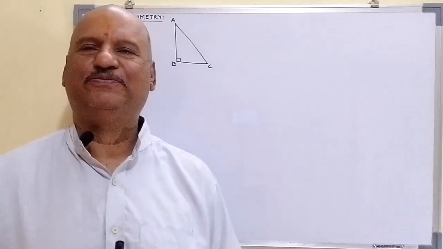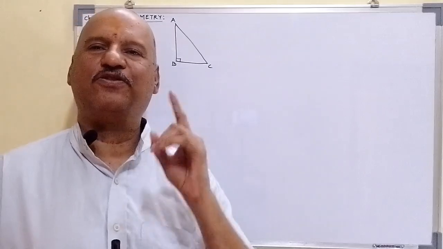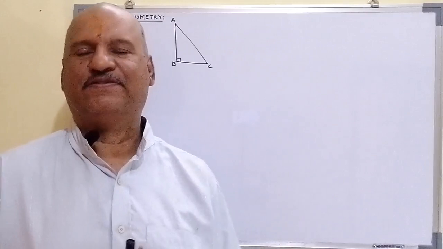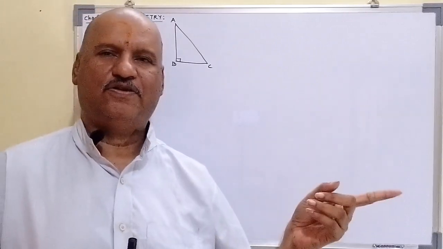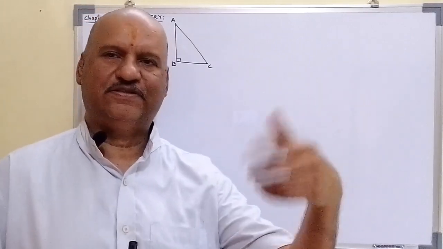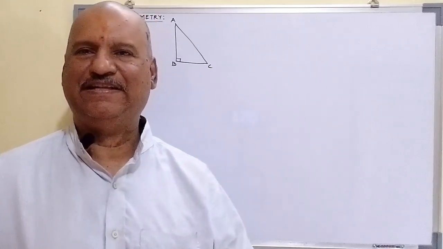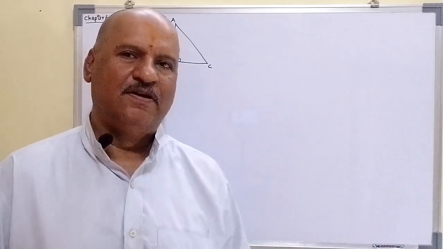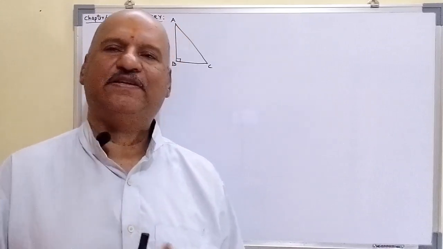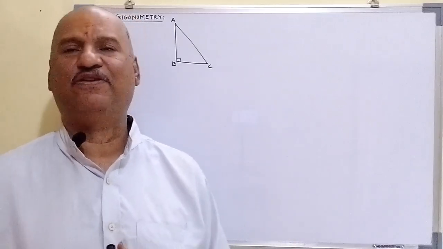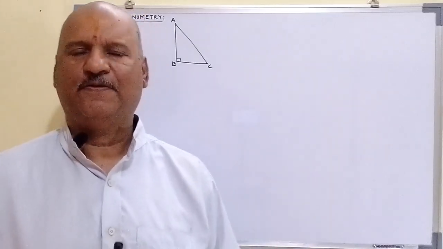The sine ratio was the contribution of Indians to the Greeks. Cos and tan were discovered by them. Sine was discovered in India. You can find the mention of it in the Vedas, or many other scriptures.